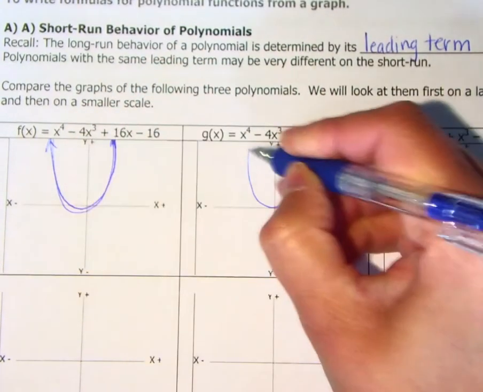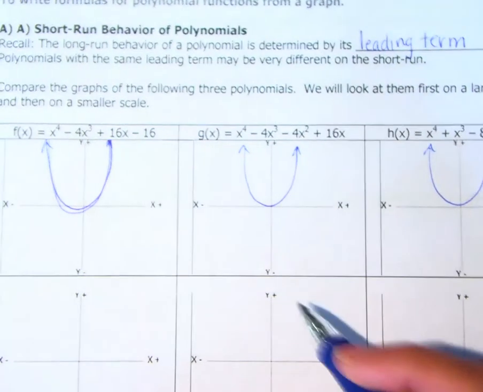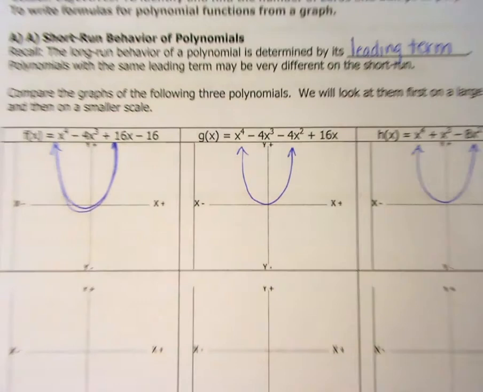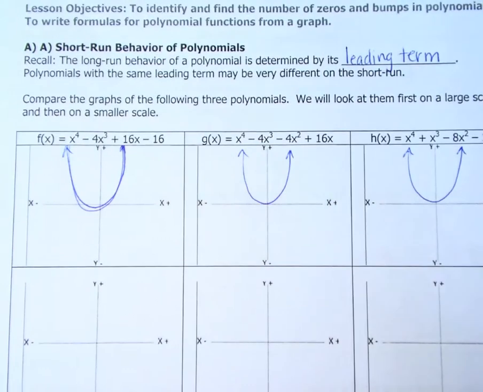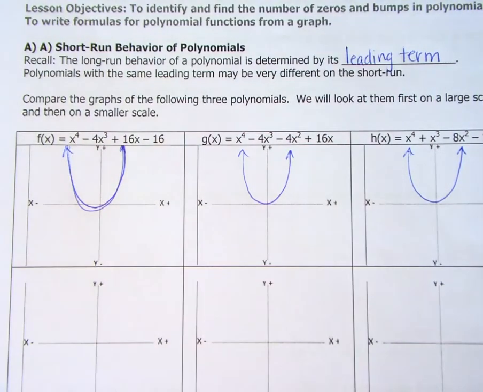Basically on the long run, we have 3 parabolas, which makes sense because what's the leading term of all 3 of those functions? X to the 4th, and the graph of y equals x to the 4th is a parabola. They all have the same leading term, so they're all going to have the same long run behavior.